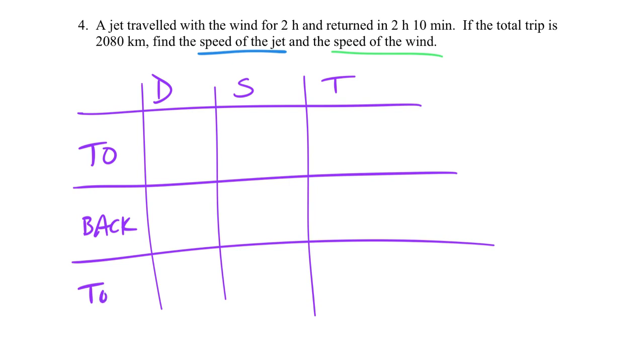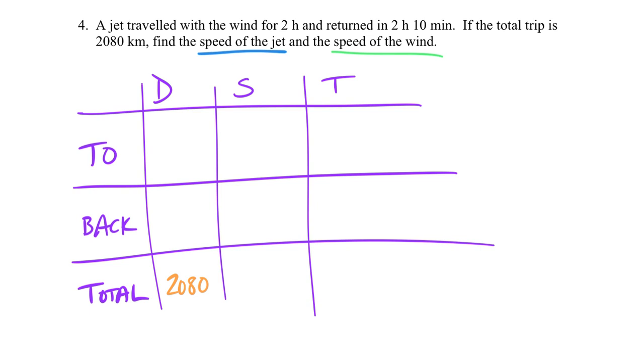Okay, I know that I can use some total information from time to time. Let's plug in everything we know. Well, we know that the total trip had a distance of 2,080 kilometers. Find the speed of the jet. Well, we know that the jet traveled with the wind. My chart now doesn't explain with versus against.